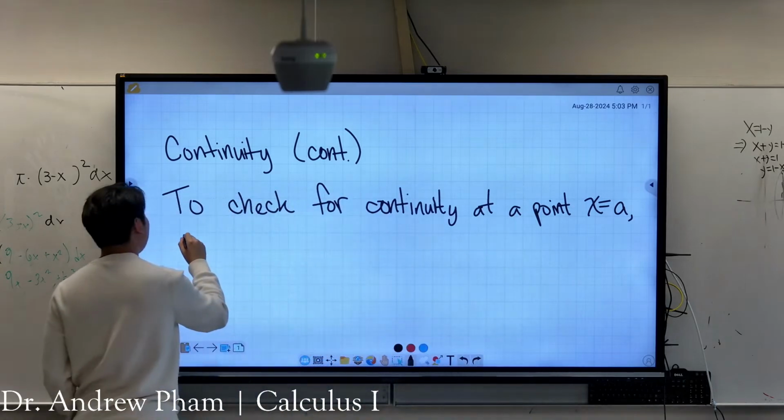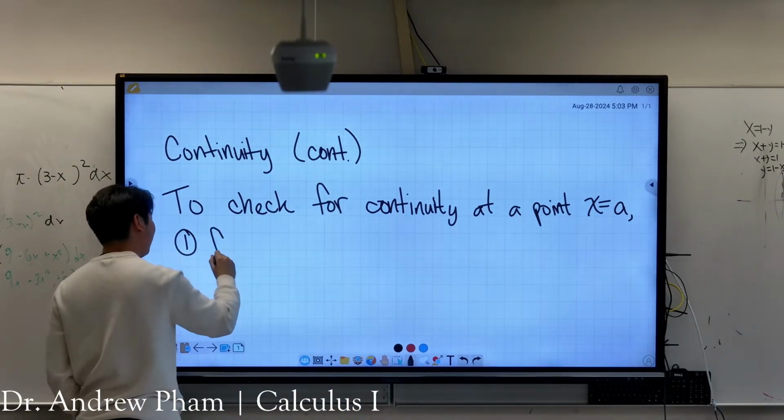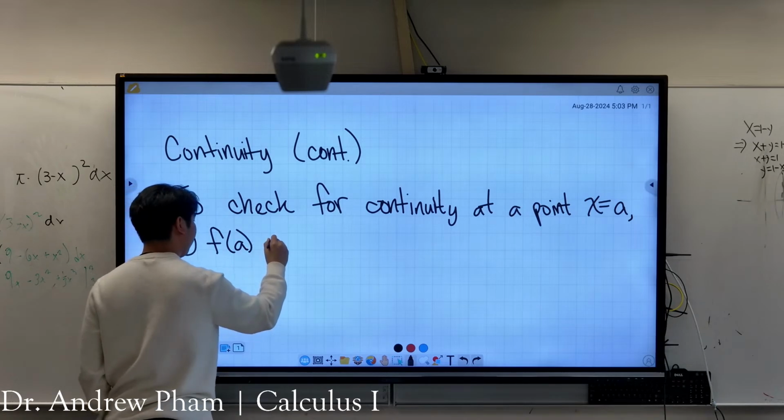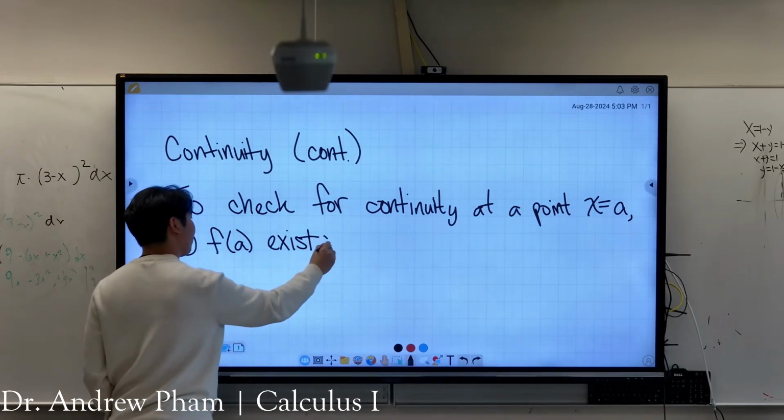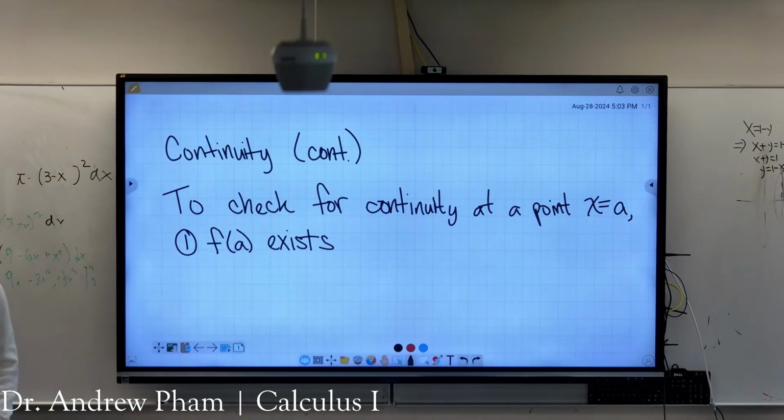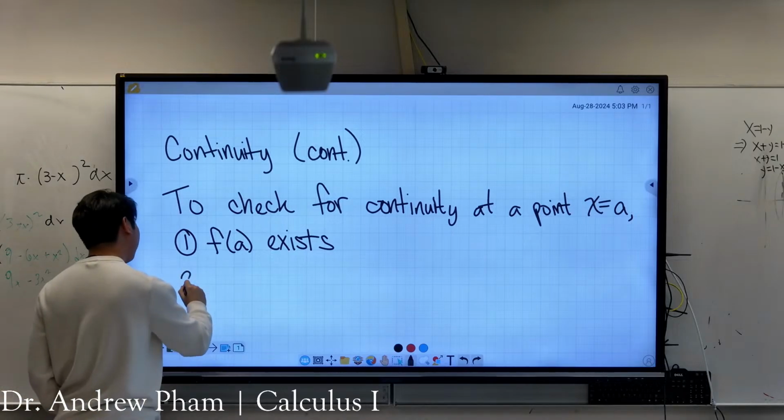We had three conditions. One, f of a exists. I might have used c last time, but same idea. So if I plug in my value, does the value exist at all? That was my first condition. What was condition number two? Yeah, the limit also existed.